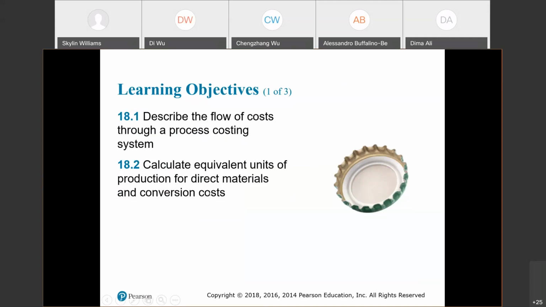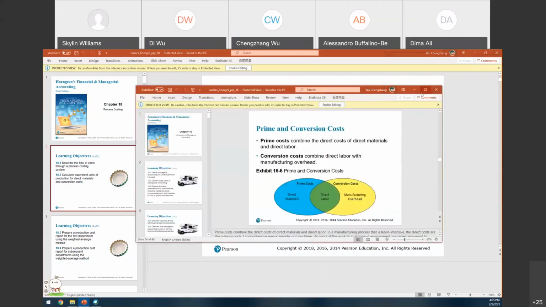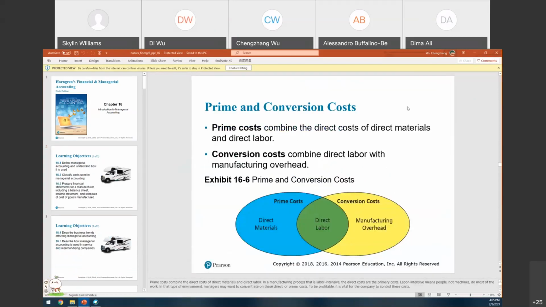Here, let's do a quick recap of what was learned in the very first class. In the very first class, we learned the classification of the cost. One way to classify the cost is into prime cost and conversion cost.